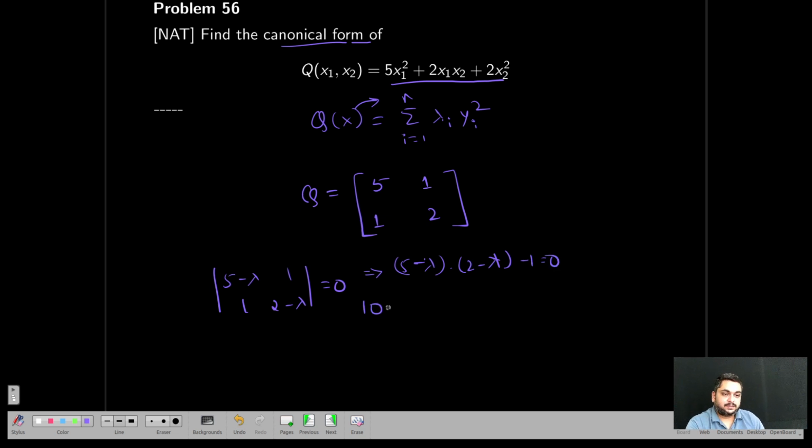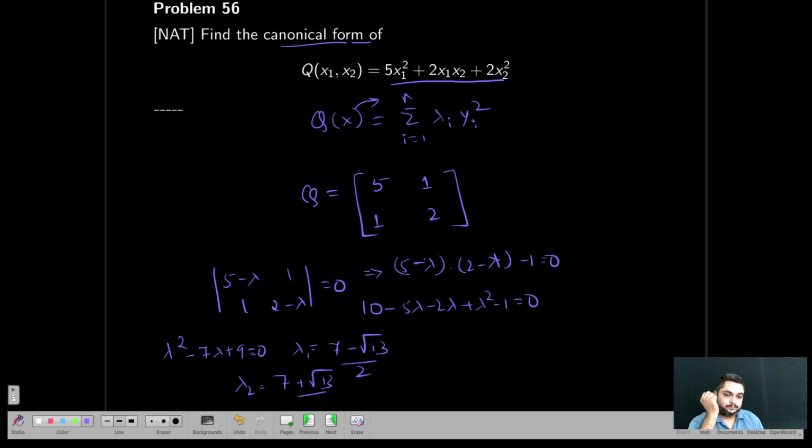This is 10 minus 5 lambda minus 2 lambda plus lambda square minus 1 equal to 0. So if I simplify all this, lambda square minus 7 lambda plus 9 equal to 0. So solve it using the solution for a quadratic equation. You will get lambda 1 value as 7 minus root 13 by 2, and lambda 2 is equal to 7 plus root 13 by 2.